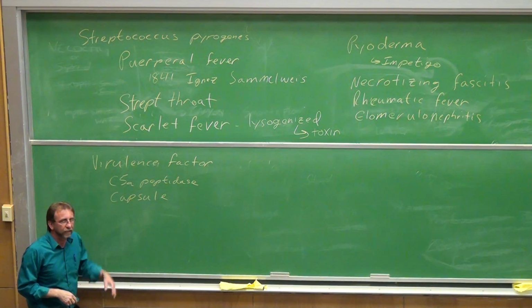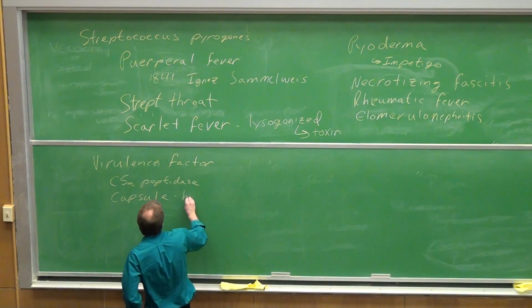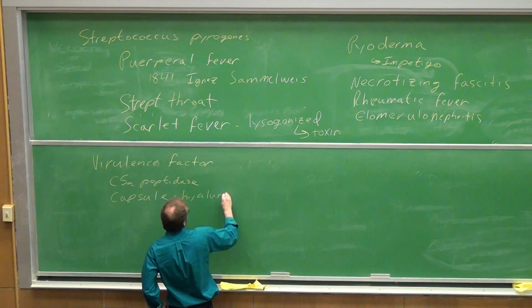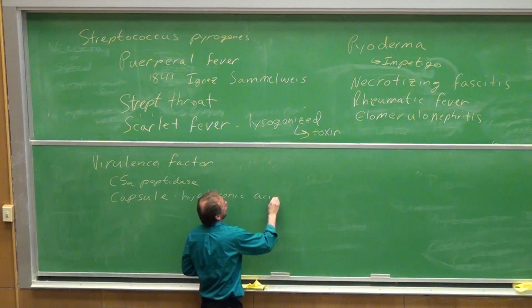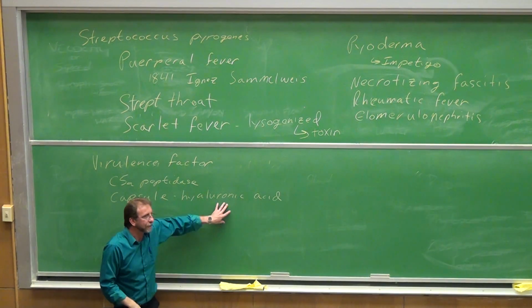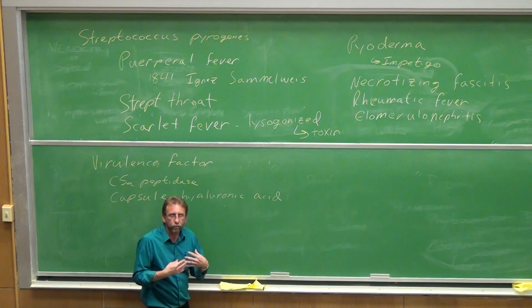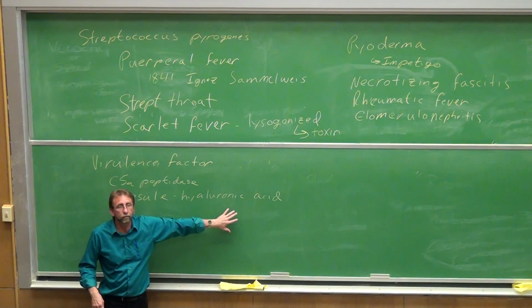This microbe produces a capsule. And in this capsule, hyaluronic acid. This is an acid molecule that we also possess. And so it's one of our molecules, and our immune cells don't necessarily look for it to destroy it.